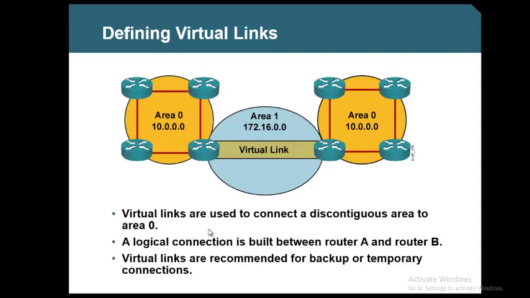So how will an area which is non-backbone connecting to another non-backbone work? By default, every area should be connected to a backbone. So we connect this non-backbone, which is connecting to another non-backbone, via a virtual link.